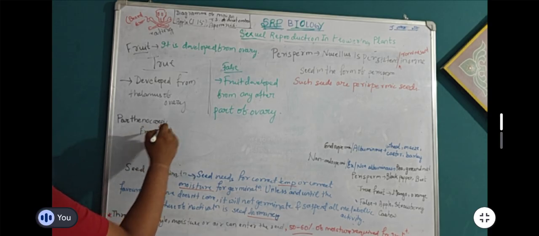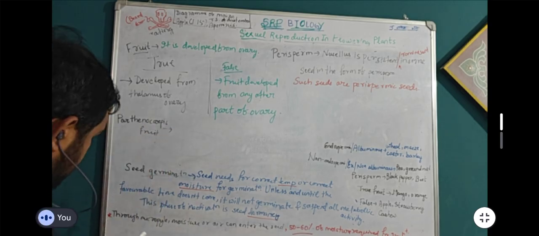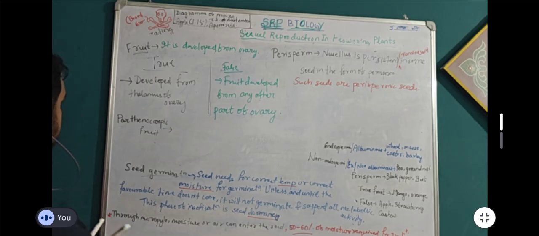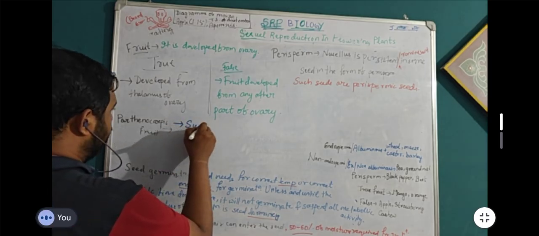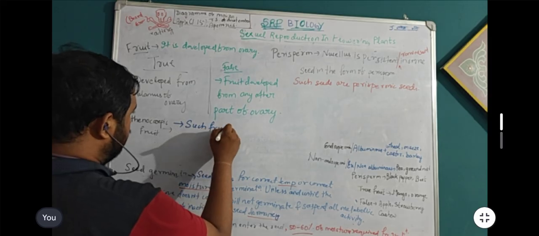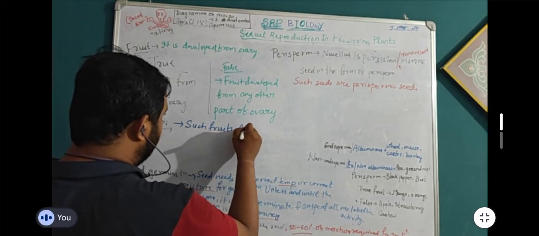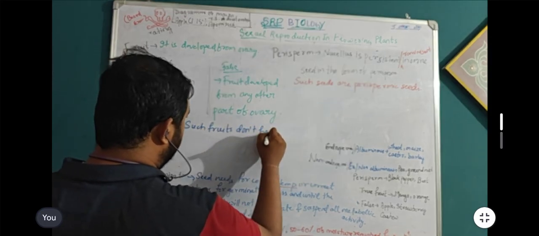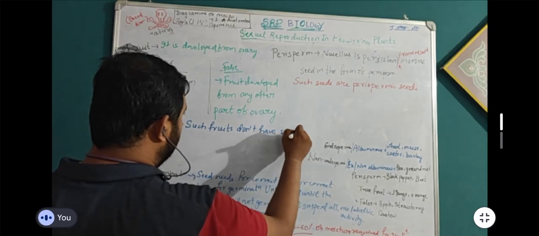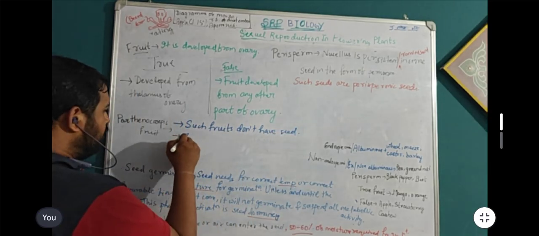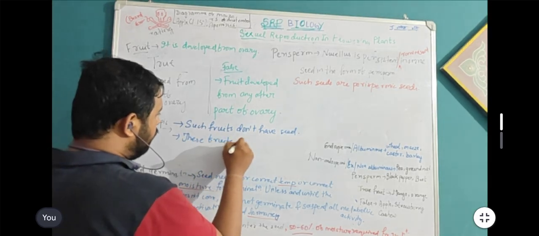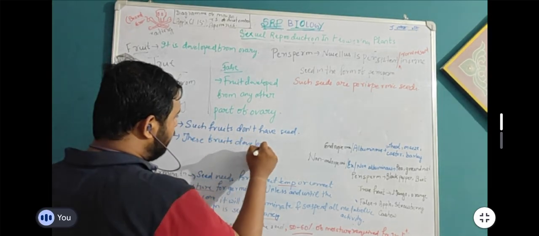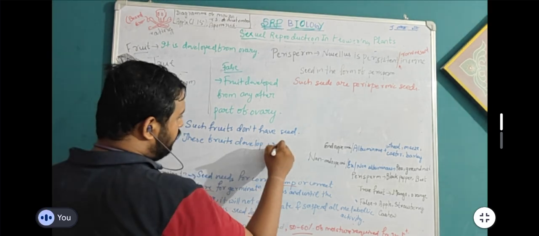Here, two important points you have to remember about them. First, such fruits don't have seed. There is a reason why they don't have seed: these fruits develop without fertilization.